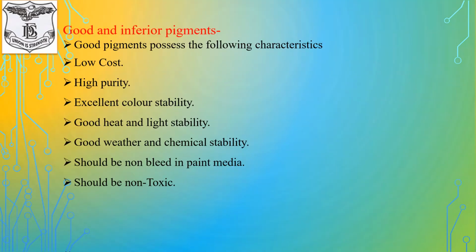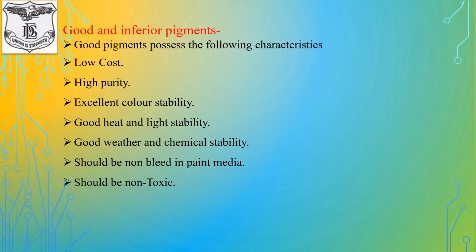I will categorize what is a good pigment and what is a bad pigment. Here we have some points for discussion. Good pigments possess the following characteristics: the pigment must be available at minimum or low cost, it must possess high purity, that means low impurities, excellent color stability for exterior as well as interior use, good heat and light stability.